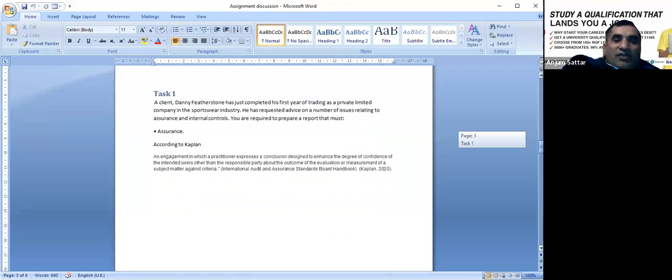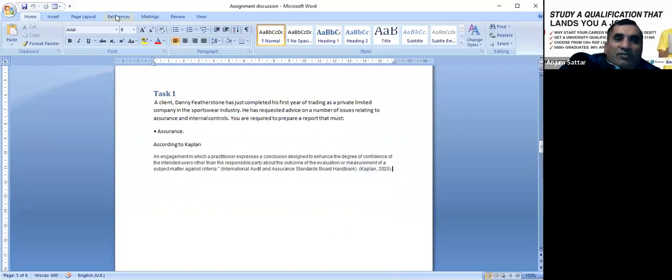Then in your assignment, you've been given task one, which is a little scenario, and you've been asked to explain assurance. We can look at assurance according to whichever author, like Kaplan, and the engagement, which is practitioner expressed, and the conclusion, and make sure we do the references.